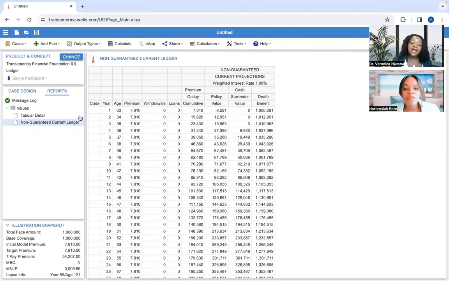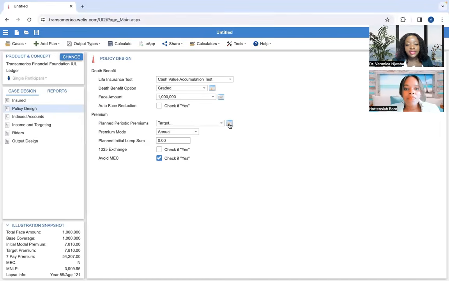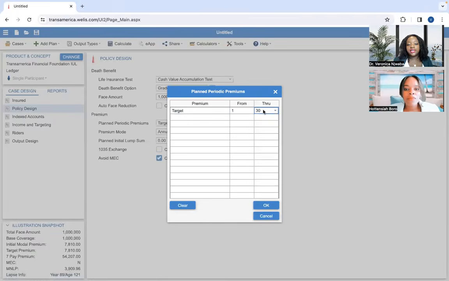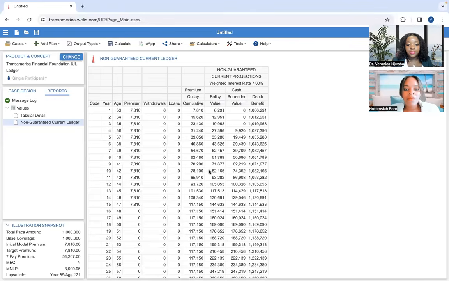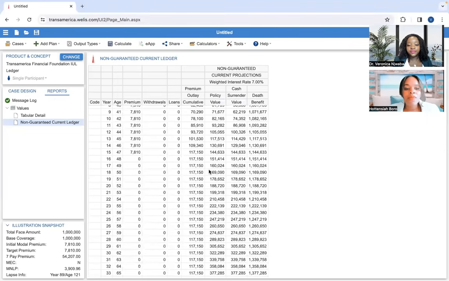Now, you go back to case design here, and then we are going to change. Let's say they contribute for 15 years. Can you see my screen still here? All right. So yes, 15 years they've contributed.